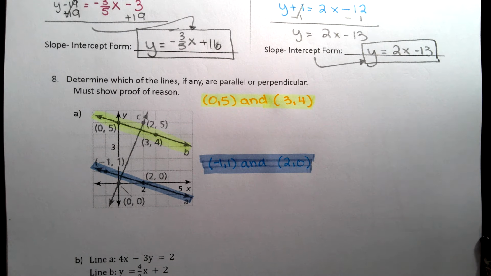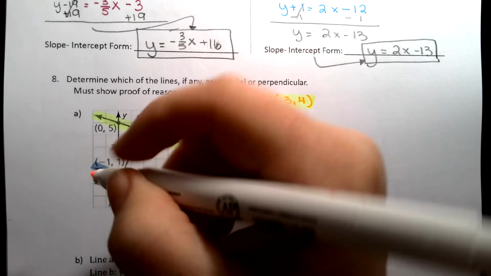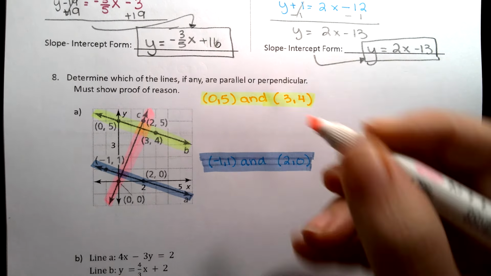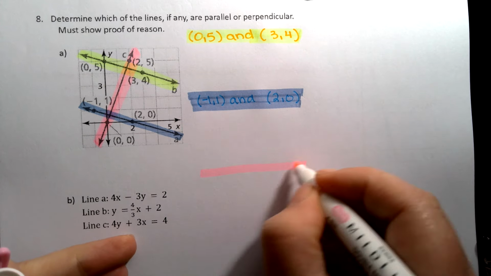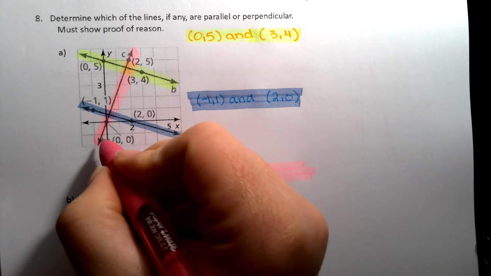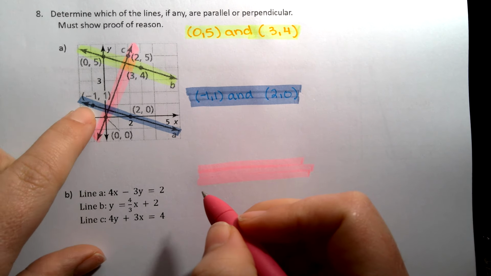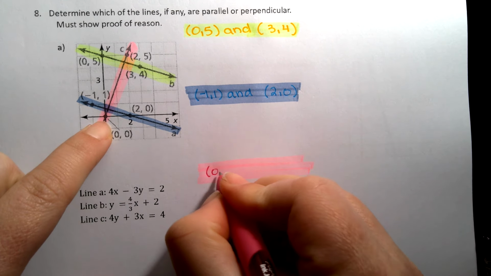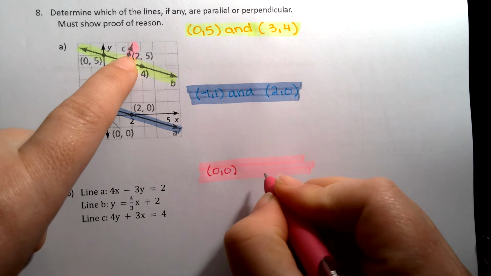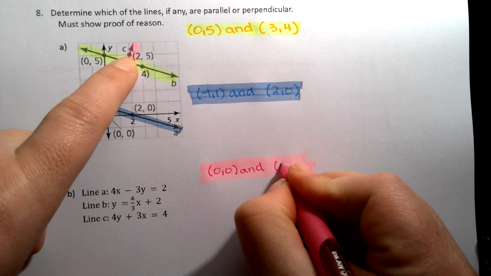Let's talk about a pink. And on this pink line, I'm looking, be careful here, it's not 1 and negative 1, that's on the blue. I have a 0, 0, and what's my other point on the pink? And 2, 5.